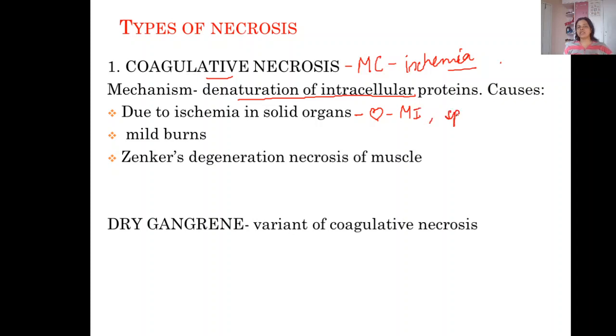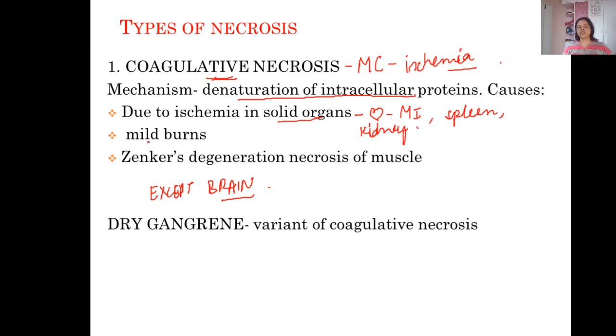It is seen in another solid organ, that is spleen. Also, it is seen in the kidney. Remember, all the solid organs undergo coagulative necrosis except brain, where you see liquefactive necrosis, which I will be discussing.